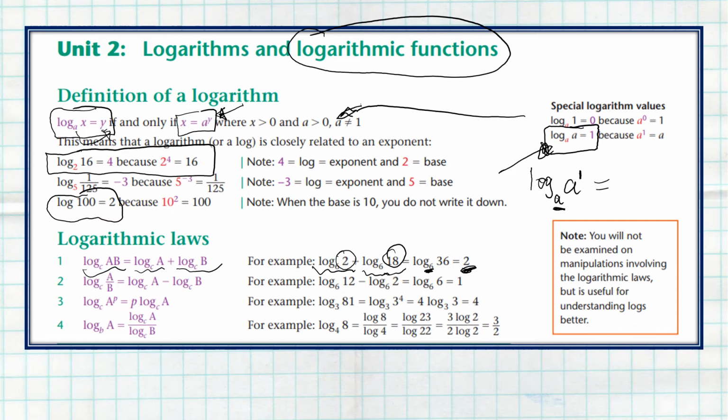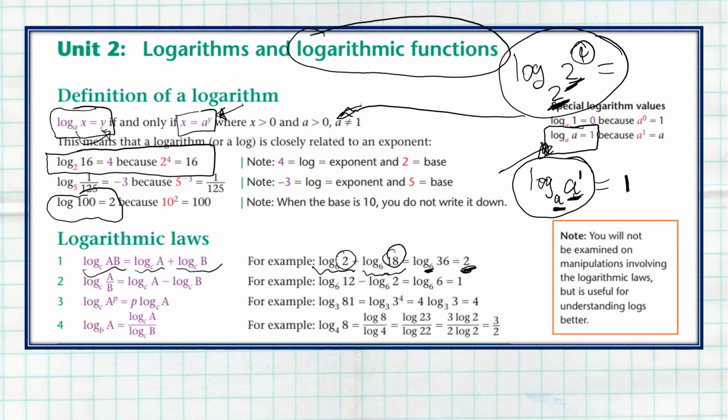If the base here is the same as the value put here, then the answer of the whole logarithm will just be the exponent, 1. For example, if I have log base 2 of 2 to the exponent 4, because this 2 of the base is the same as this 2, the answer of the whole log will just be equal to that exponent, which is 4. And you can prove that using your calculator. So that's the rule. It's very, very important for you to know.